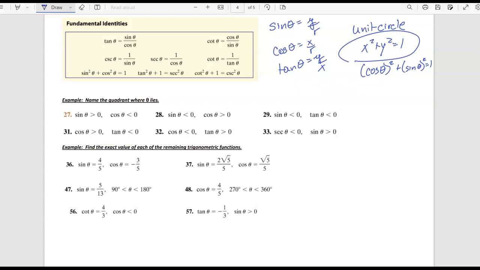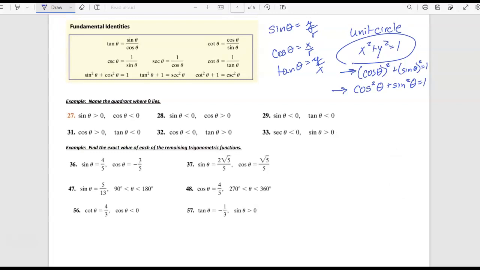What that means is I'm taking the cosine of theta, whatever it is, and I'm squaring that quantity. A shorter way to write that is to put the squared between the cosine and the theta. Same thing here. So those mean the same thing. This is a notation you're going to see more often than seeing it written like this.